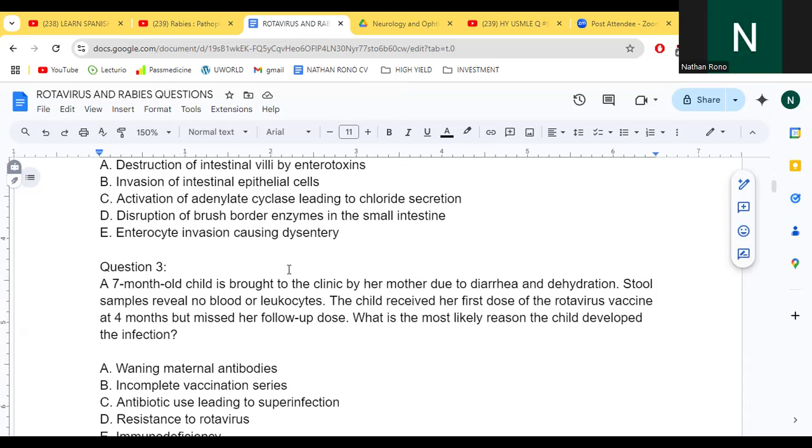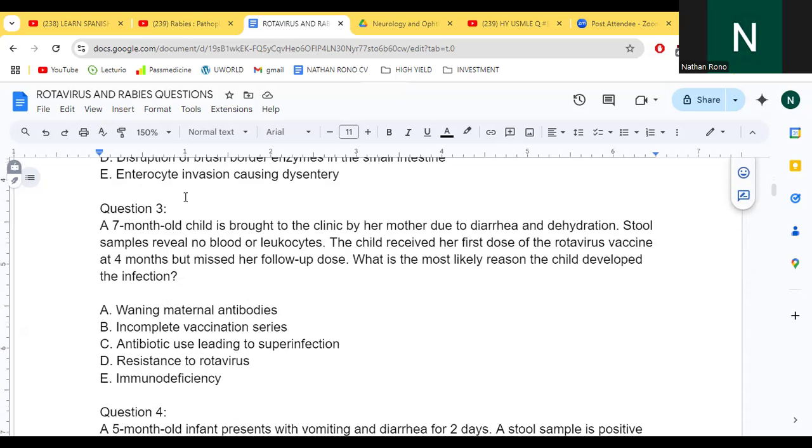Now let's go to the next one. A 7-month-old child is brought to the clinic by her mother due to diarrhea and dehydration. Stool sample reveals no blood or leukocytes. So leukocytes are basically white blood cells. So when you do stool microscopy, there was no blood or white blood cells. The child received her first dose of rotavirus vaccines at 4 months, but missed her follow-up dose.